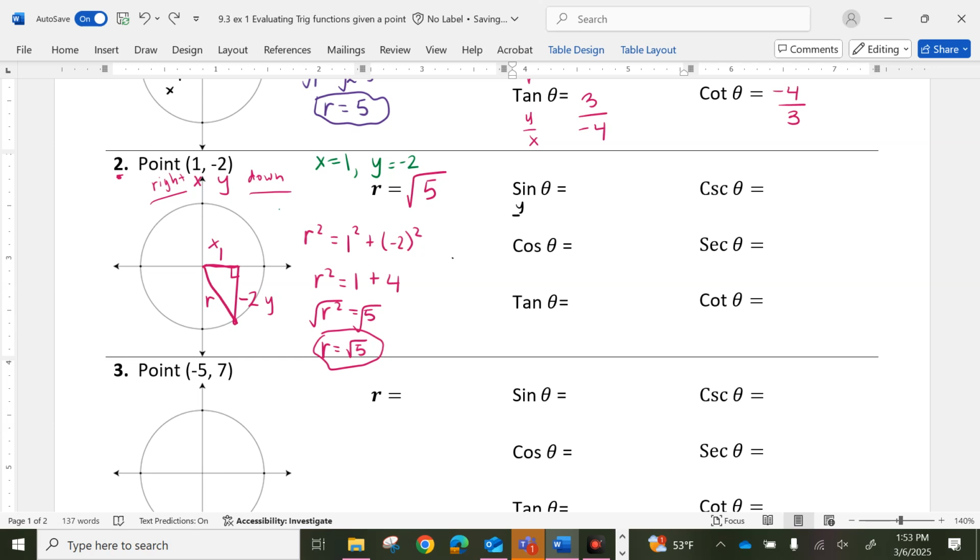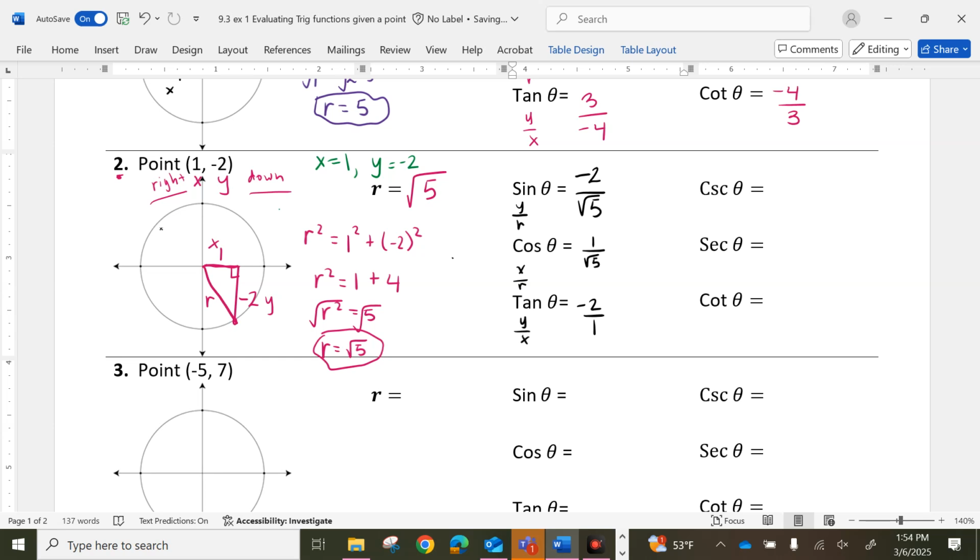There we go. Y over r. And so that's going to be negative 2 over root 5. And if you're like, uh-oh, good, that's good. There is an uh-oh. We'll come back to that. Cosine is x over r, so 1 over root 5. And tangent is y over x, which should be negative 2 over 1.